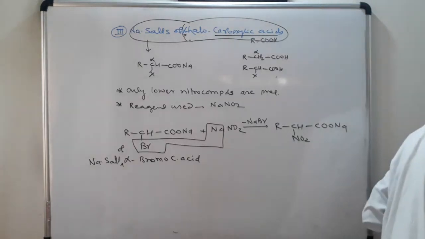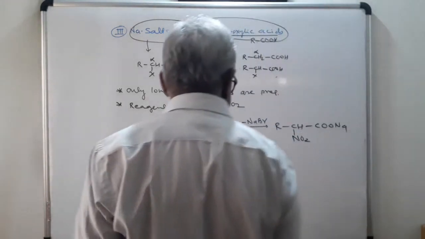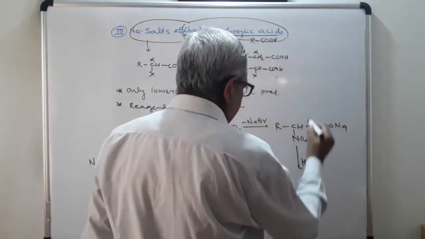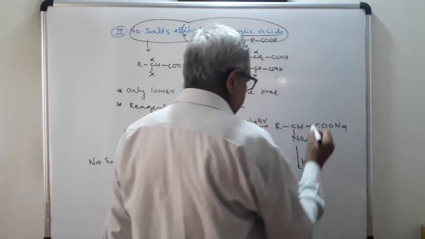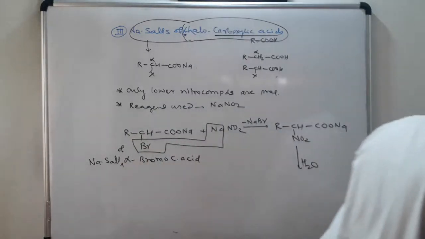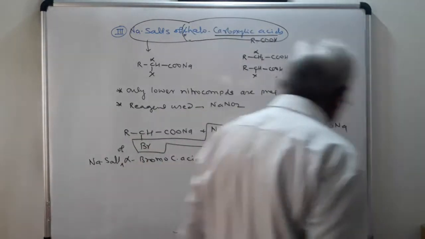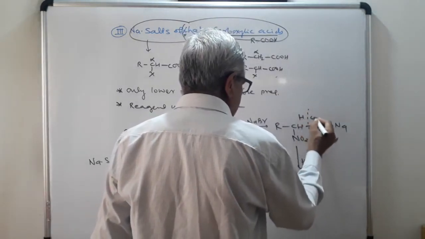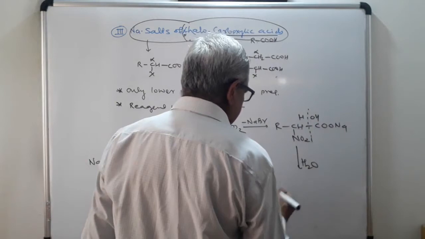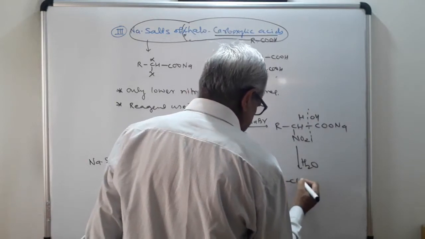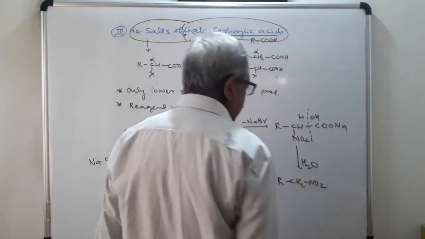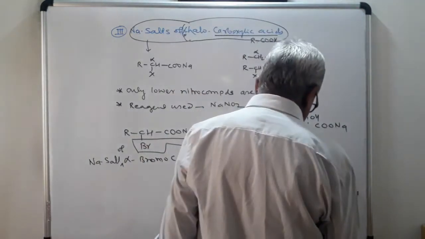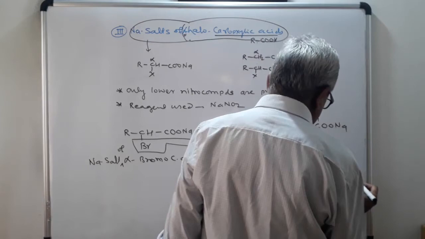Then this compound will undergo hydrolysis. Next step is the hydrolysis, addition of water. You will add the water molecule and break the molecule in this way, HOH, and you will get RCH2NO2, that is a nitroalkane, and you will get sodium bicarbonate, NaHCO3.